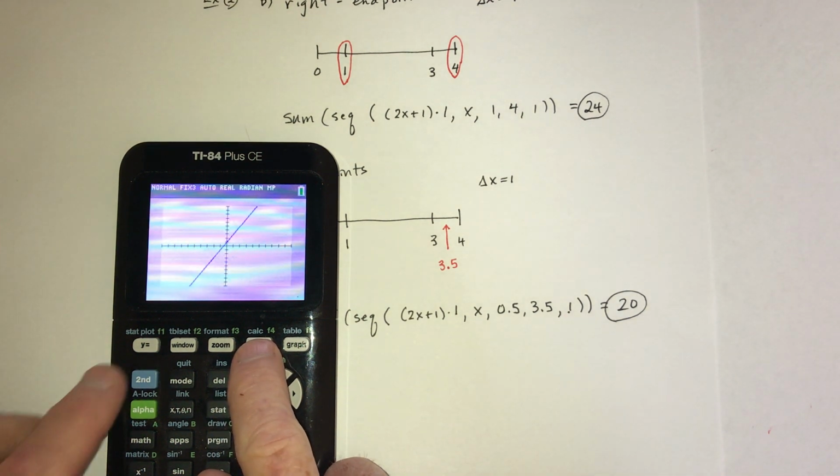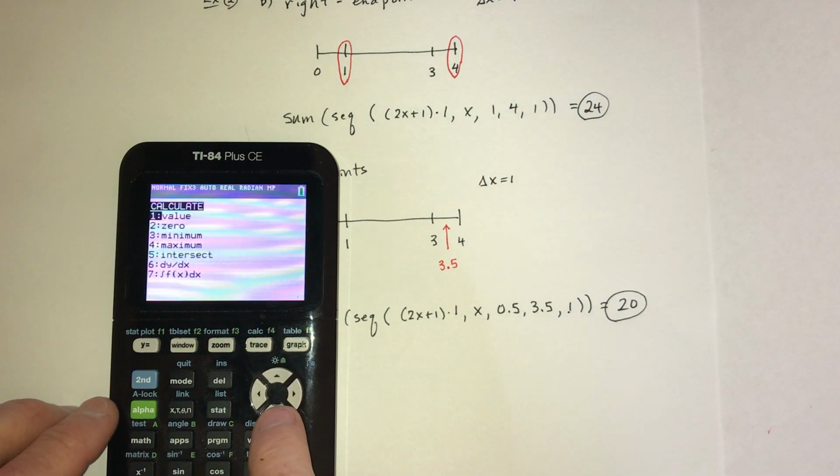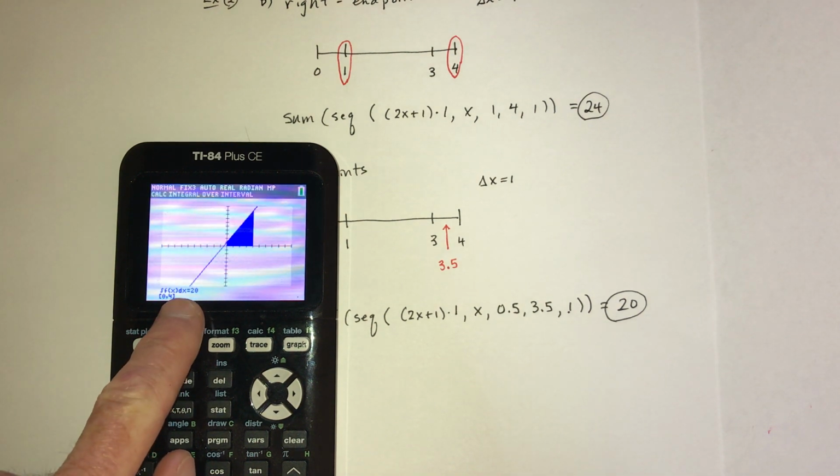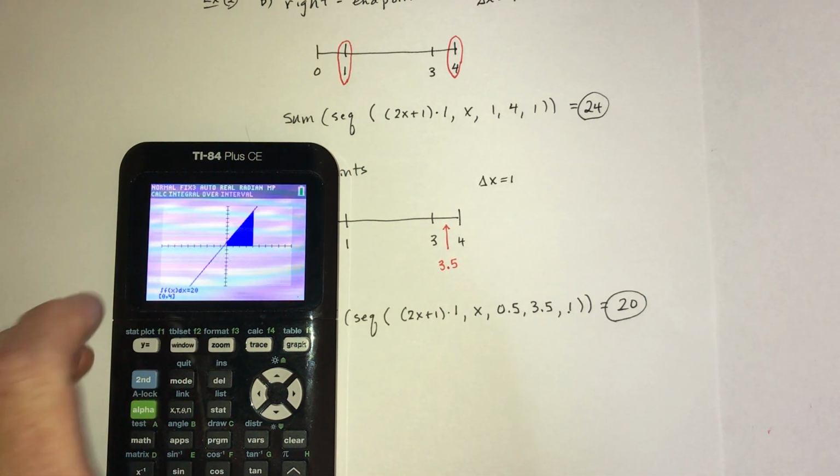And now go to Calculate, and number 7 will find the area. So the lower limit is 0. The upper limit is 4. And then it finds the area and says that the exact answer is 20.